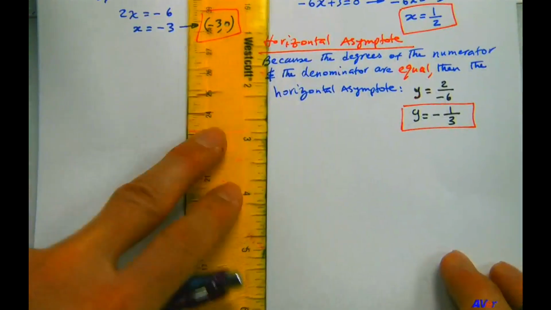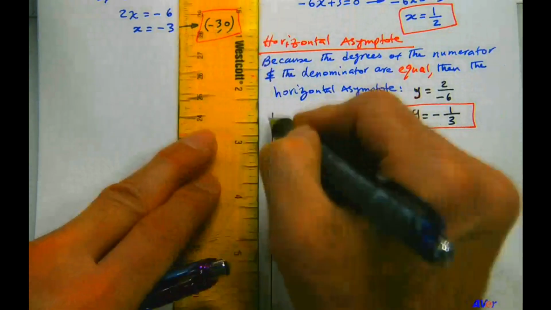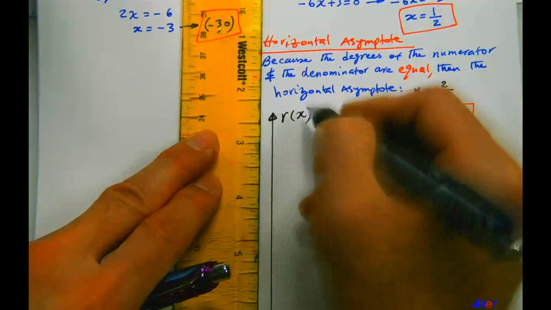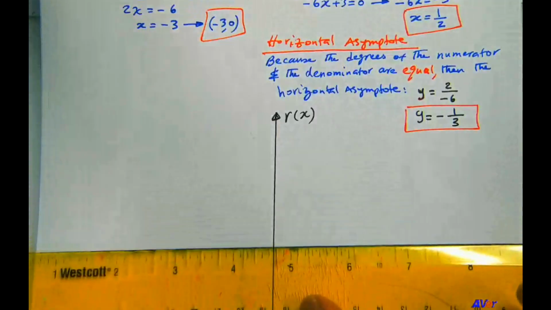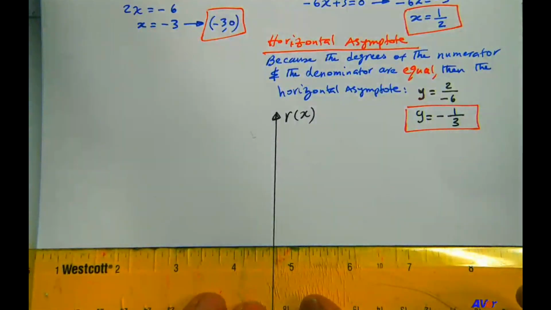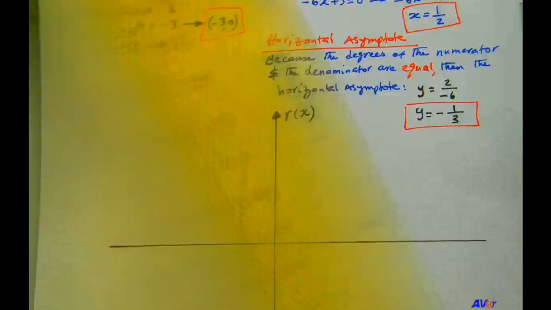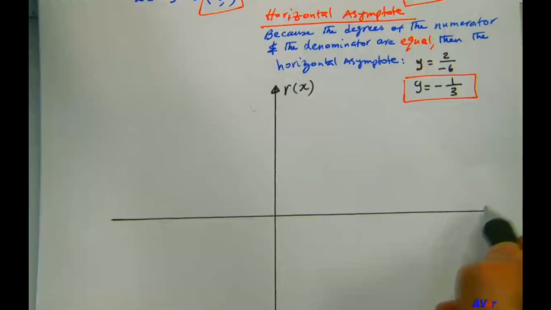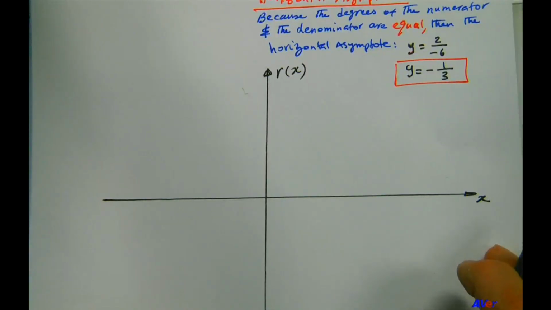So we'll have the manual drawing as well as the computer drawing. So this would be r of x, or the y-axis, either or. And we'll have the horizontal axis here. Like that. All right.